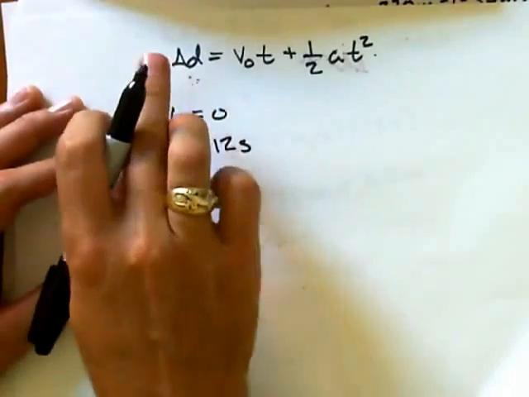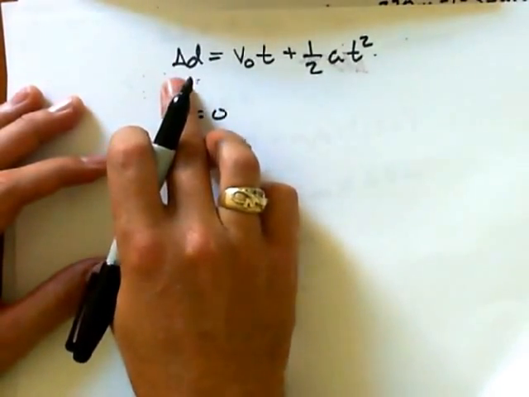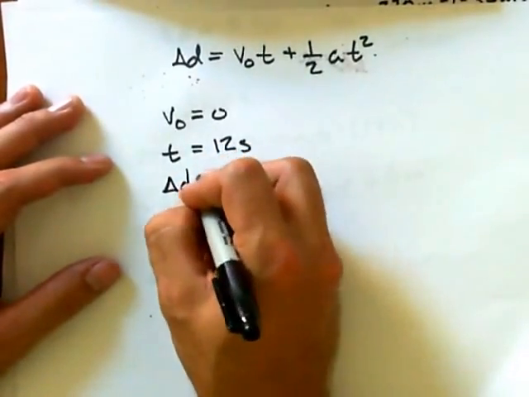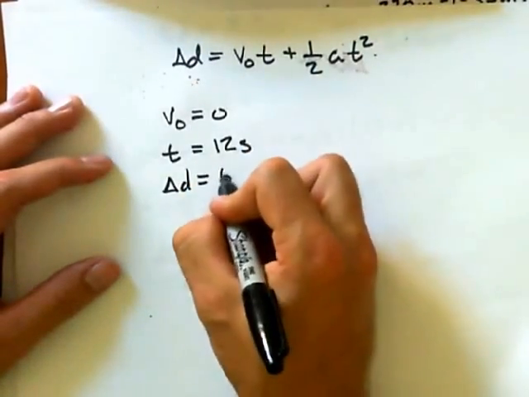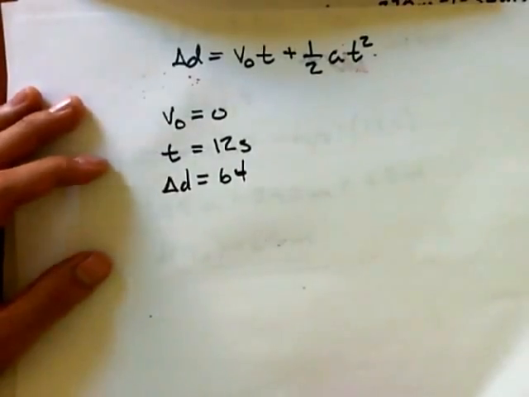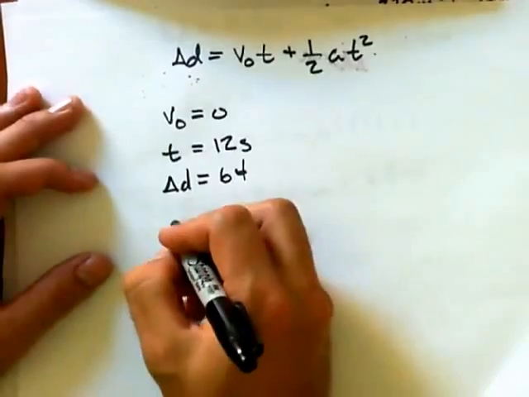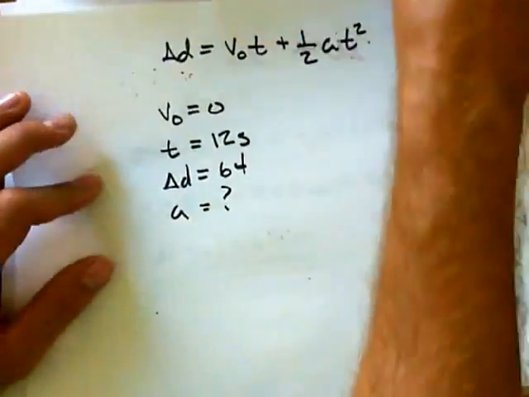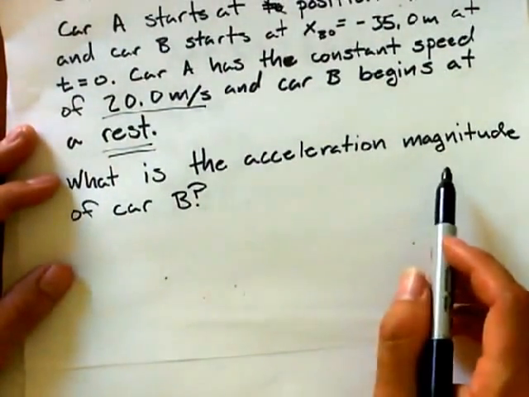Okay, and we went ahead and found the overall distance that it traveled in that amount of time, which is del d, or I called it d earlier, equals 65. Okay, so now that we have this, we just have to plug and chug, and we'll be finding out A, which is what the question asked for, because it's asking what is the acceleration magnitude of car B.